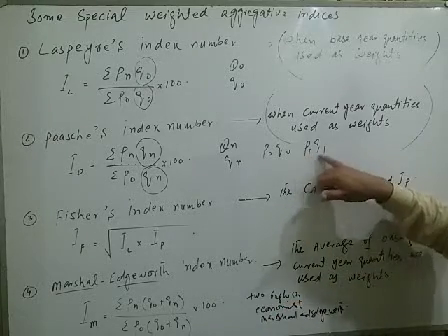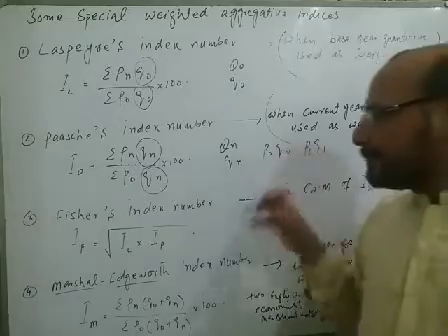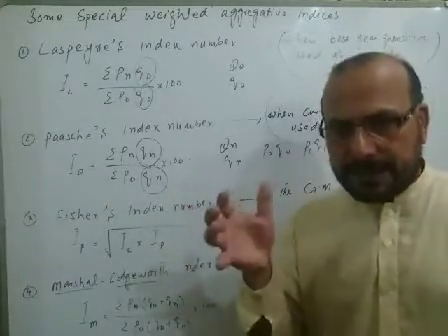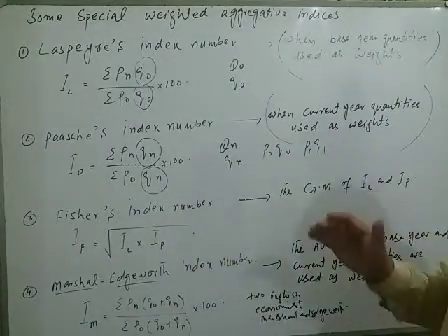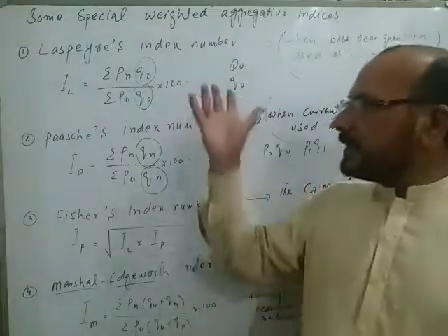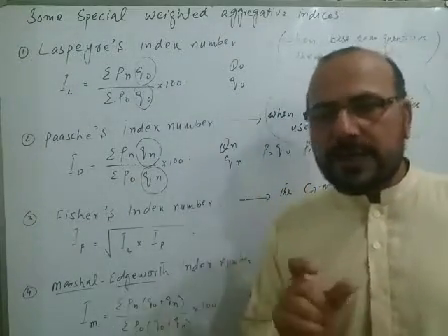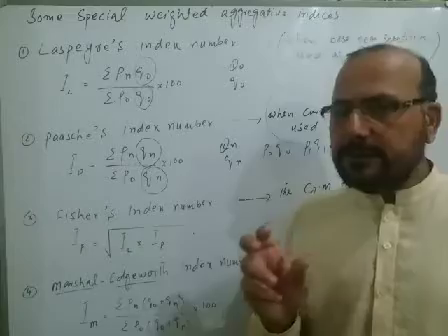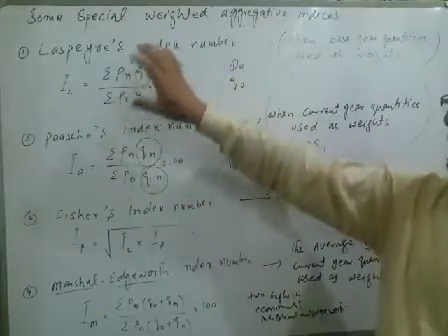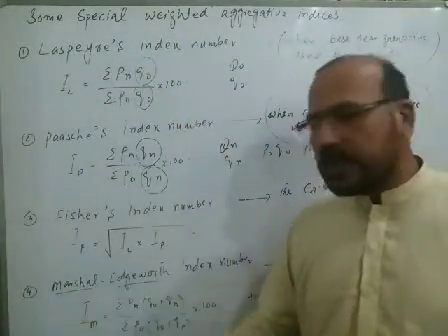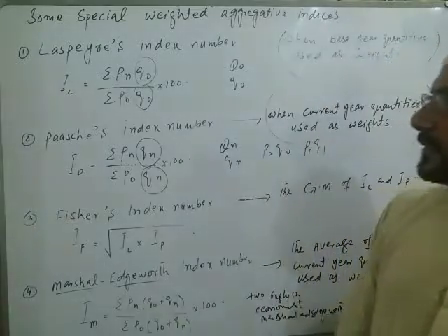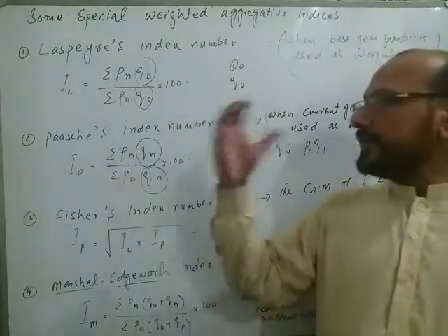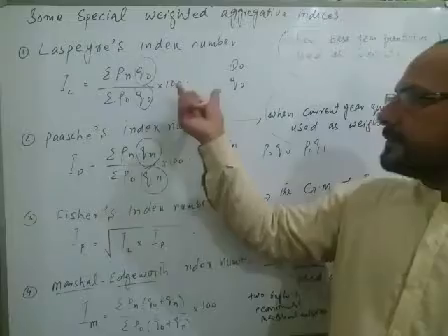The products mean the multiplied form of these columns. So in practical questions, when we are going to calculate the Laspeyres, the Paasche, the Fisher, or the Marshall Edgeworth price indices, we need to calculate the columns.